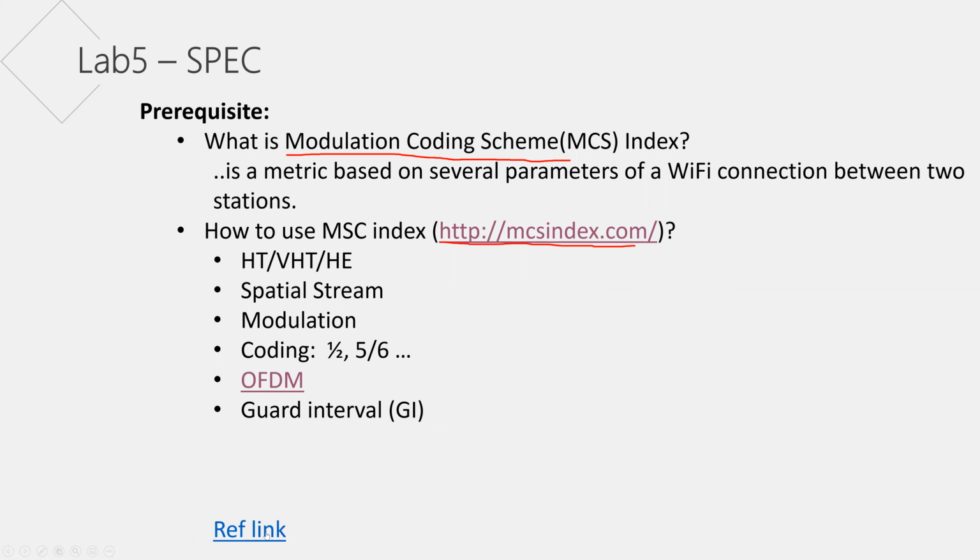And we also have a reference link. Then you can have a look at all of these concepts by yourself after the class. And I think that's all we should know before we go to the lab. So if you have any question, just feel free to type it.